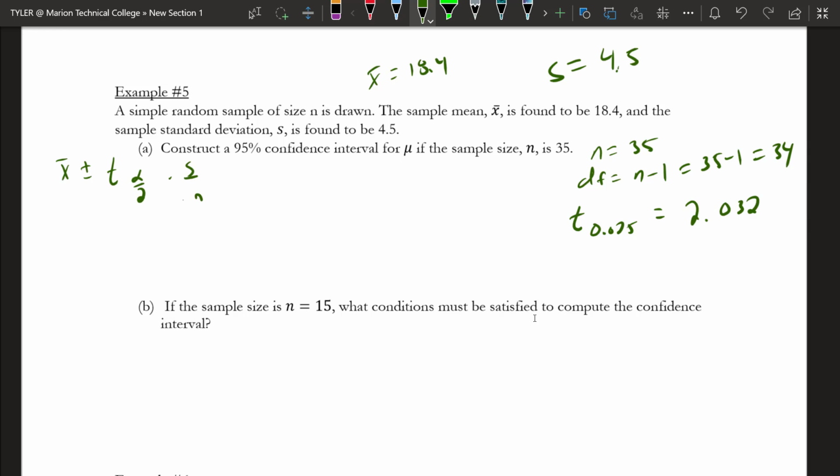So if we plug these values in, we would have 18.4 plus or minus 2.032 times 4.5 divided by square root of n, which is 35. Plugging that in, we'll get the lower and upper bound.